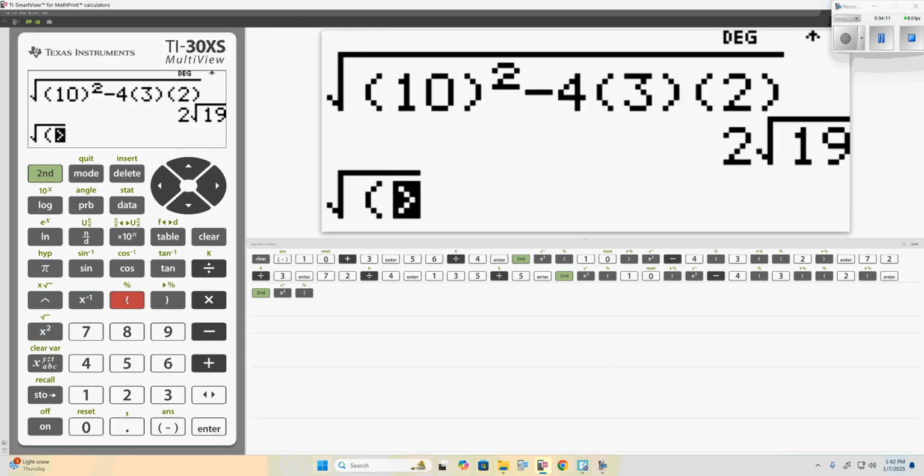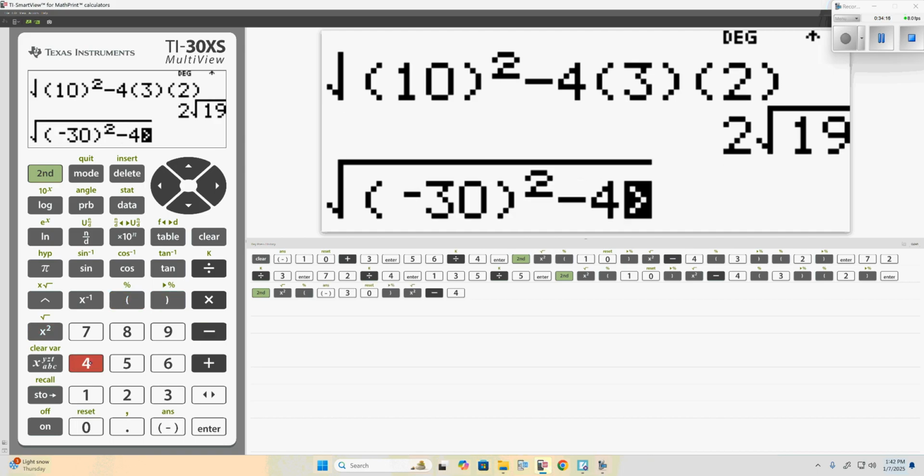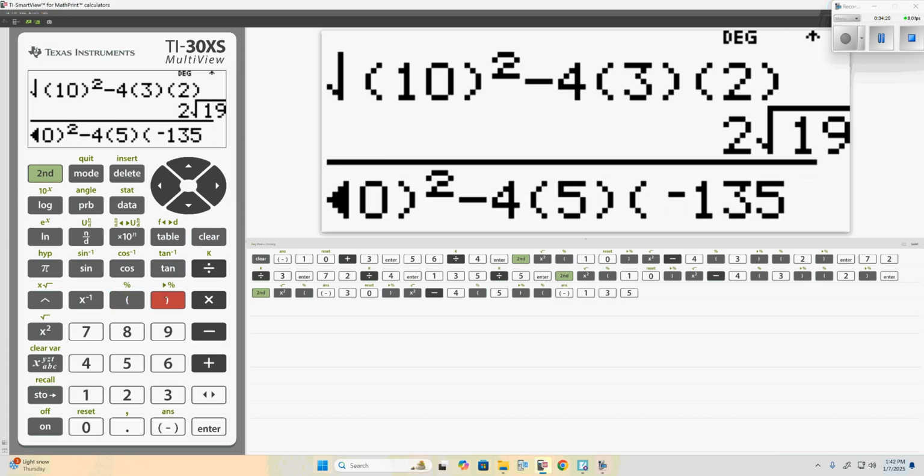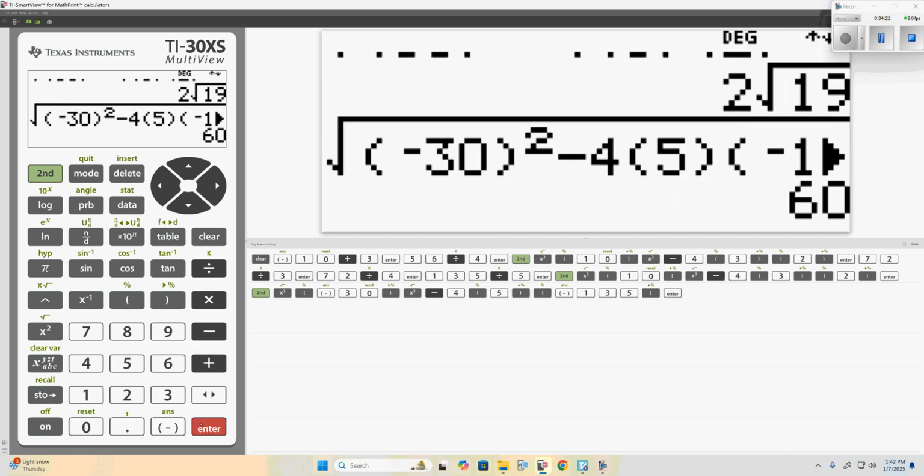Second square root, negative 30 squared minus 4 times 5 times negative 135, we get 60. Now the 60 is not so much important. It's more that we get 60. We get a number that's not a decimal number, has no radicals, does not have i. This here is telling us that this is factorable. We can factor it. Does that make sense?